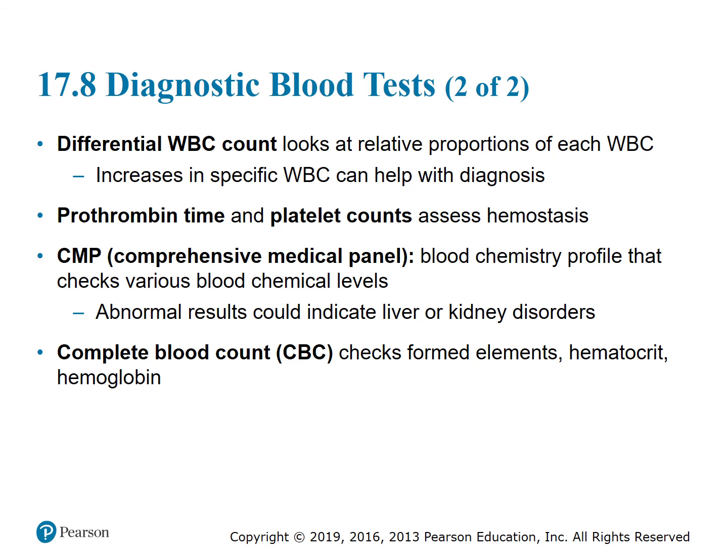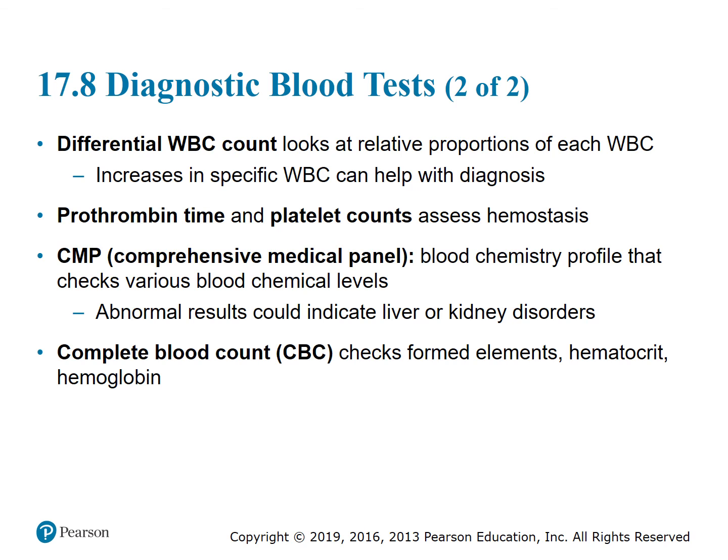Section 17.8, diagnostic blood tests. So a differential white blood cell count looks at the relative proportion of each white blood cell, and an increase in a specific white blood cell can help with diagnosis. So for example, an increase in eosinophils can indicate a parasite infection, or it could also indicate an allergic reaction.